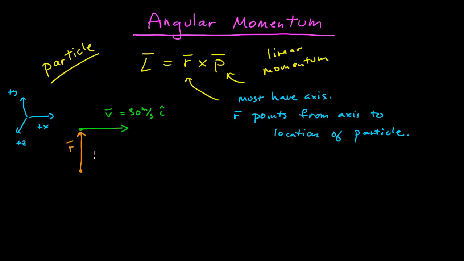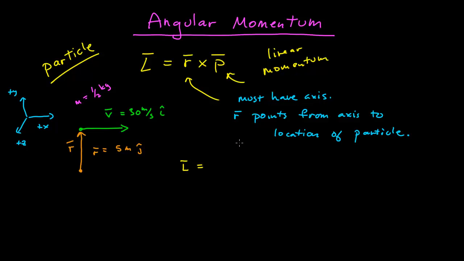Okay, and so r is equal to 5 meters j hat. We're going to say our particle has a mass of 1/2 kilogram. We can then calculate our angular momentum.